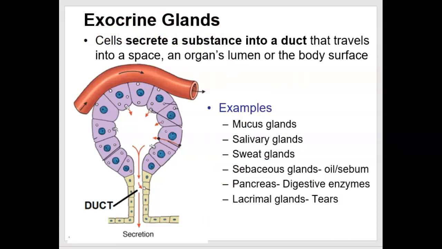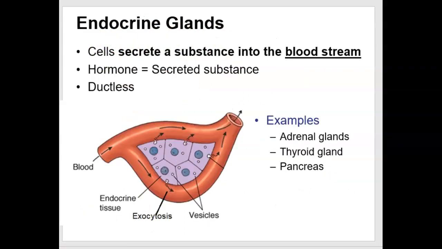Endocrine glands, in contrast, secrete a substance that goes directly into the bloodstream, bypassing a duct. So it's going to get to its target location, wherever that is, by traveling in the blood. And usually what happens is an exocytosis.